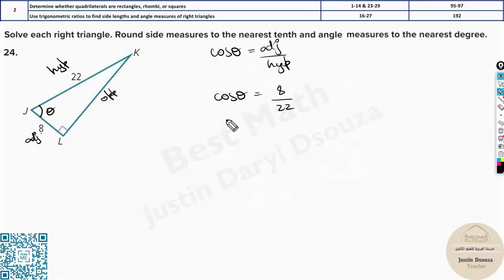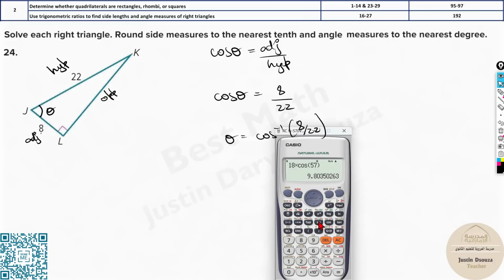We had solved similar problems, isn't it? So theta will be cos inverse of 8 by 22. You just put this in the calculator and find the theta. Here it's cos inverse of 8 divided by 22. And the answer would be 68 point, nearest tenth would be 68.7.